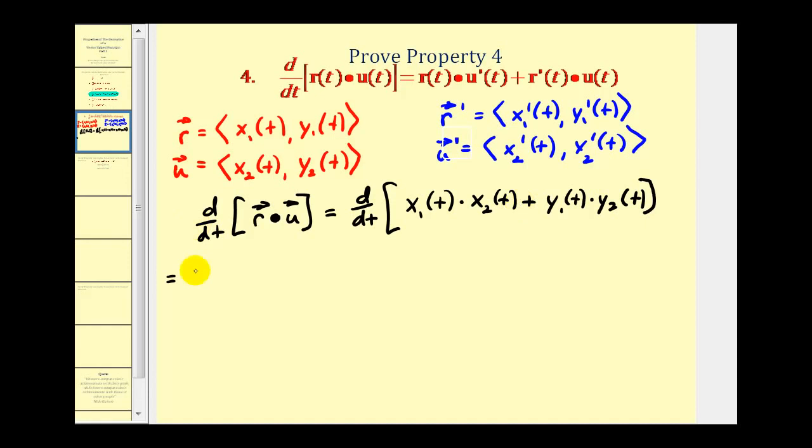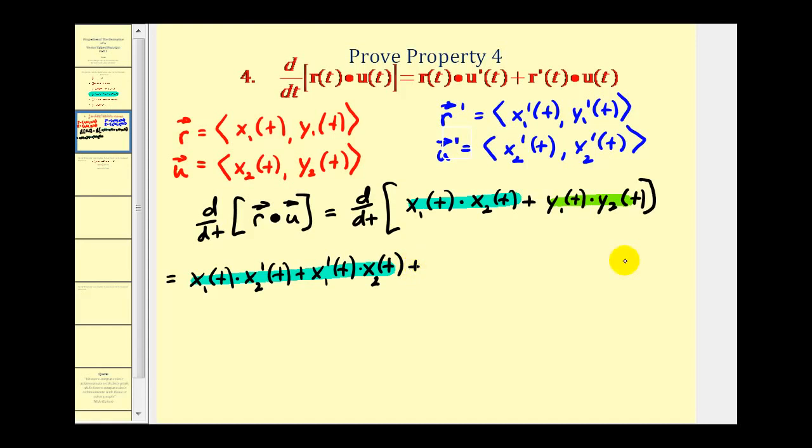Remember, the product rule says we're going to take the first function, x sub 1 of t, multiply it by the derivative of the second, x sub 2 prime of t, plus the derivative of the first, x sub 1 prime of t times the second, x sub 2 of t. So all of this is just the derivative of this first product, and now we'll find the derivative of this product.